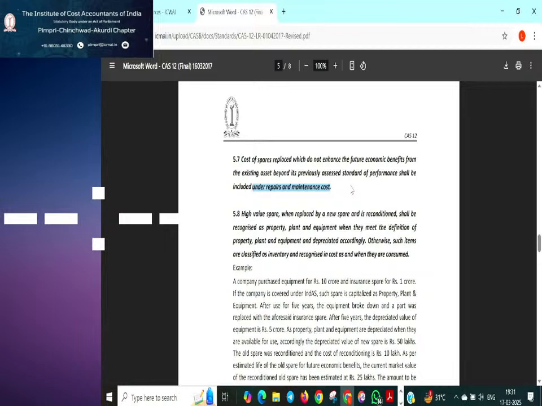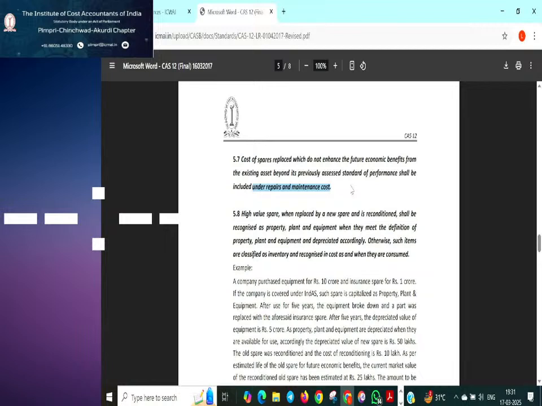See, cost of spares. Spares could be either to enhance the existing machinery's productivity or to set it right. If it is to set the existing machinery right, it will be booked under repair and maintenance.